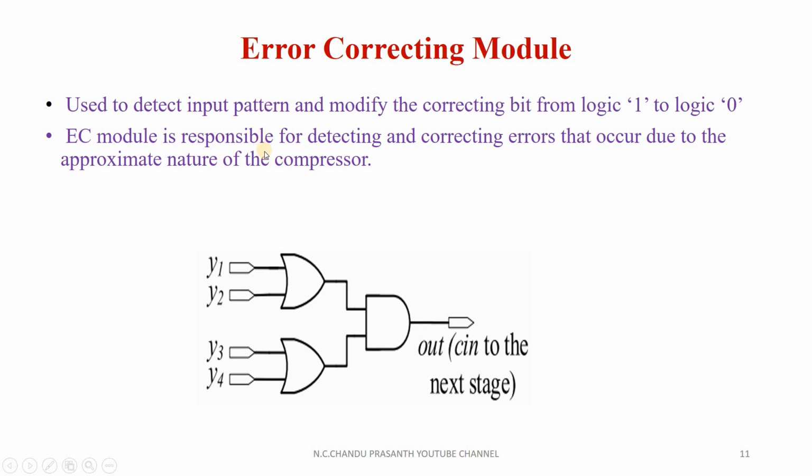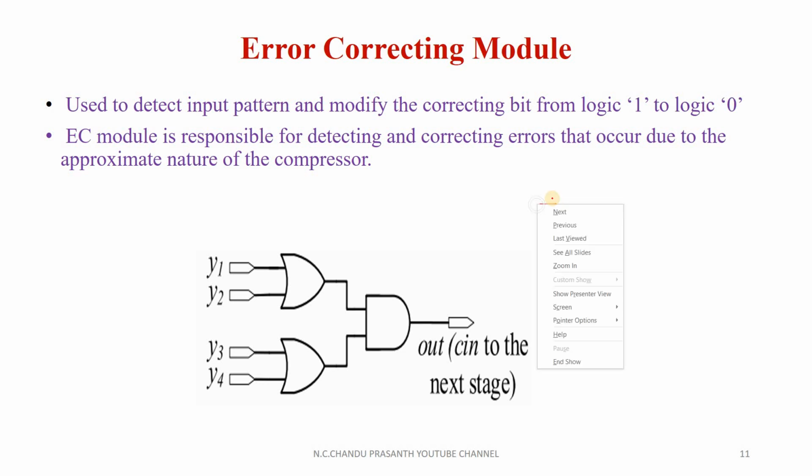We also designed one error correcting module. What is the use of designing an error correcting module? It is used to improve the accuracy of the compressed output. Initially I said that using approximate designs leads to errors.